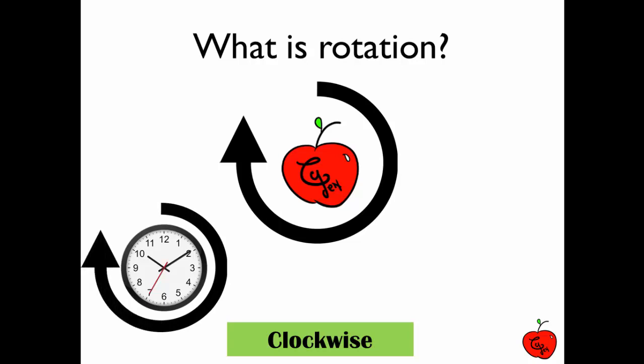So what has clockwise and counterclockwise got to do with rotation? Well, in this section we will be rotating objects or figures, but we need to know which direction it's going to go. So before we do some examples, let's go over a few important rules.